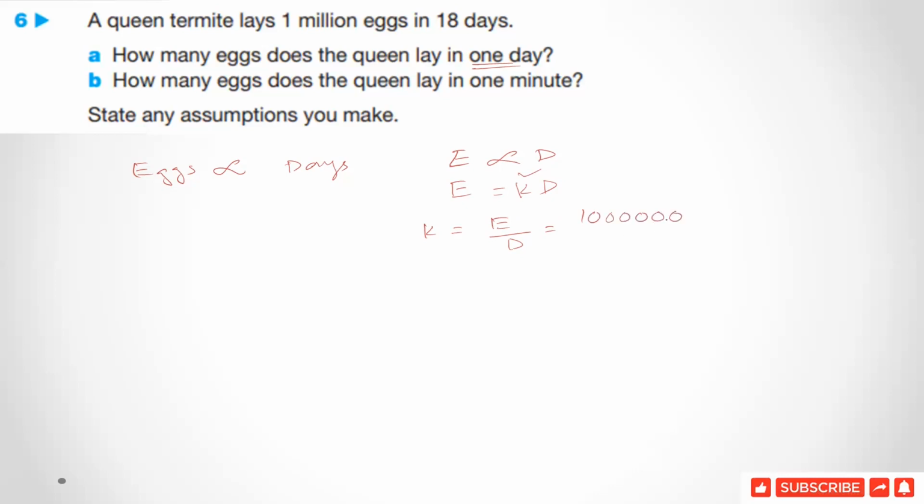According to me, there are 6 zeros with 1 in 1 million. If you know a different one, let me know. So this is 1 million divided by 18.